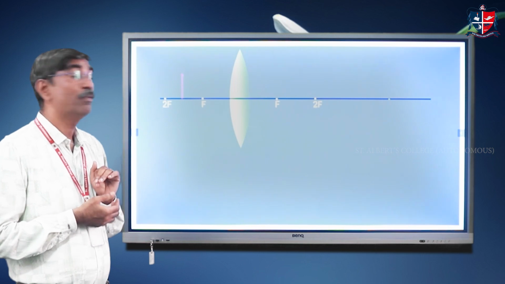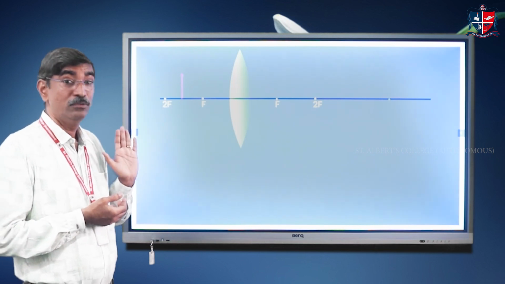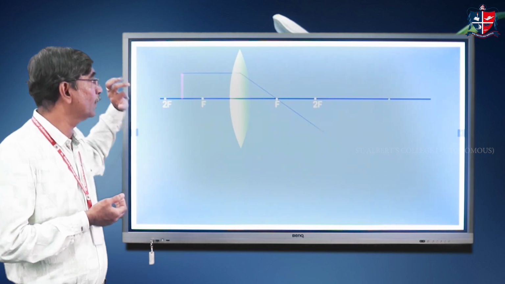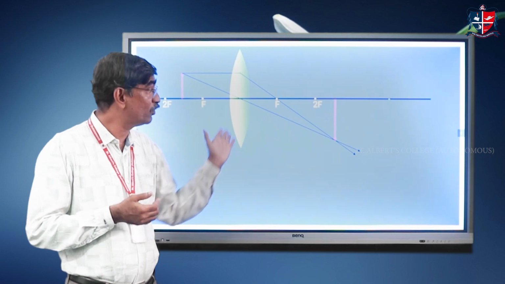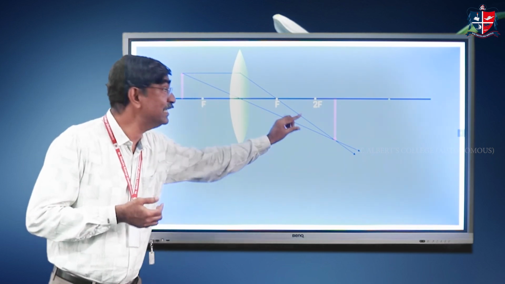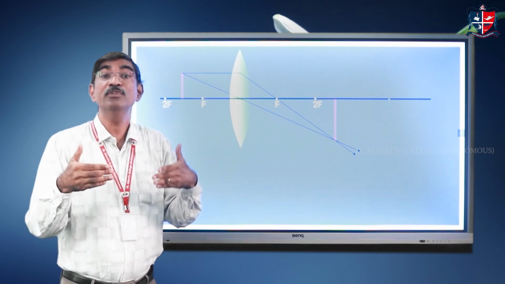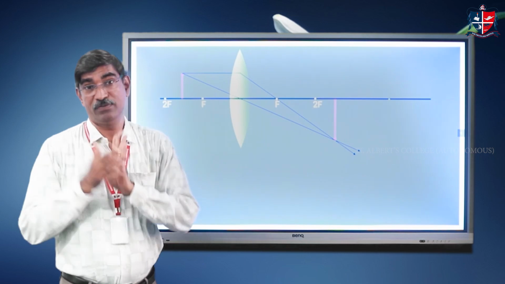Then we are placing the object between F and 2F. So you are getting a magnified image on the other side, that is beyond 2F, and this image forms the object of the second lens, that is the eyepiece.